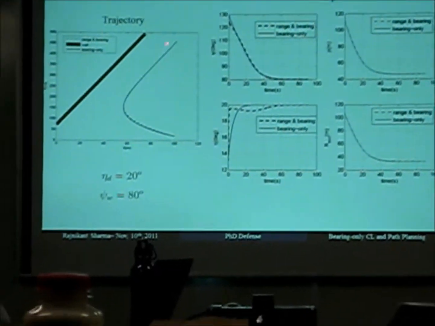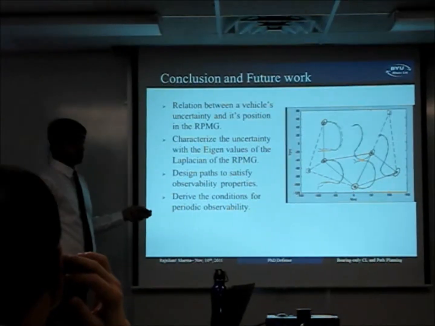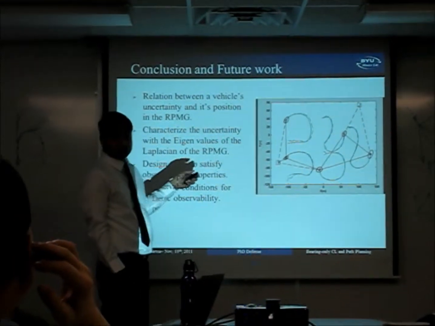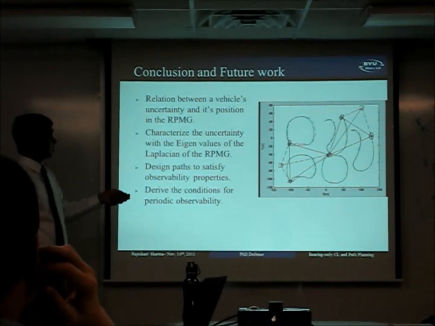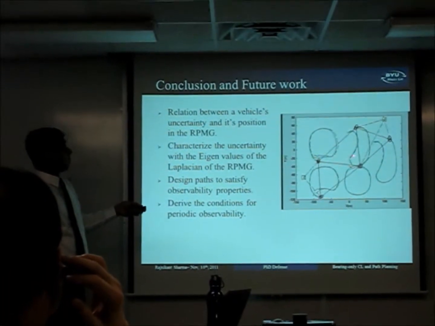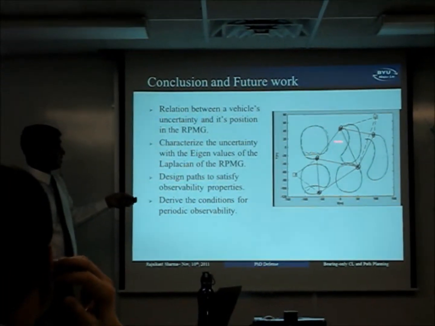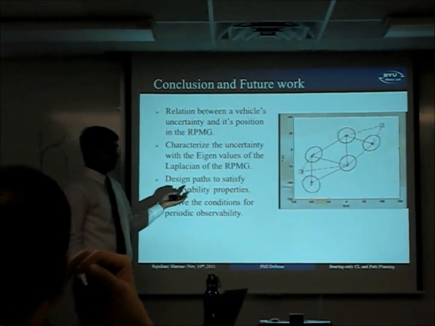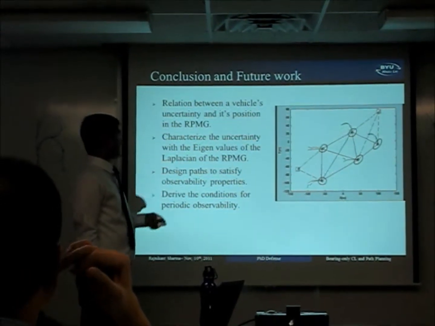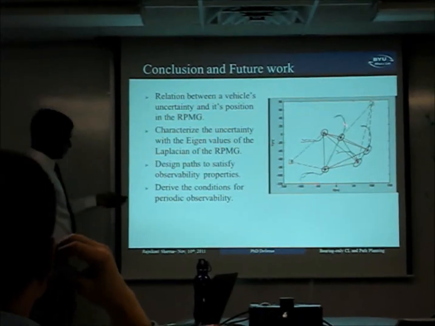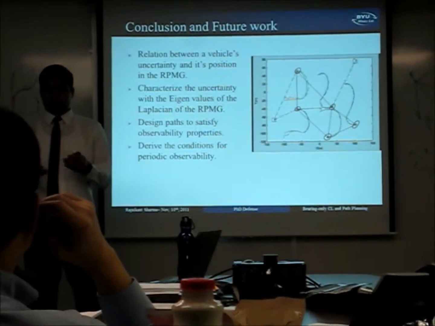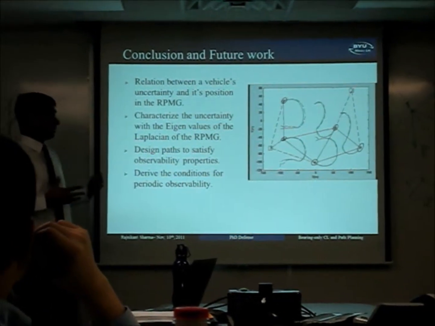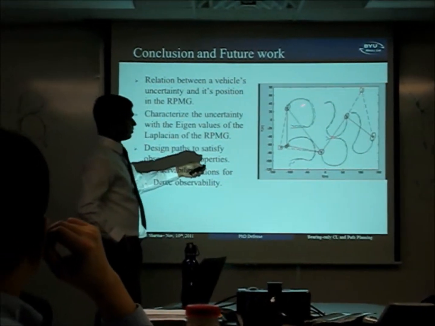Blue is when you consider both range and bearing measurement. This is the wall. The uncertainty will definitely depend on the vehicle's position in the graph, so it will be a nice idea to explore how the position of a vehicle in the graph characterizes its uncertainty. Second, I'm pretty sure that because I'm using a graph, the eigenvalues of the Laplacian of the graph will have some role to play in this.